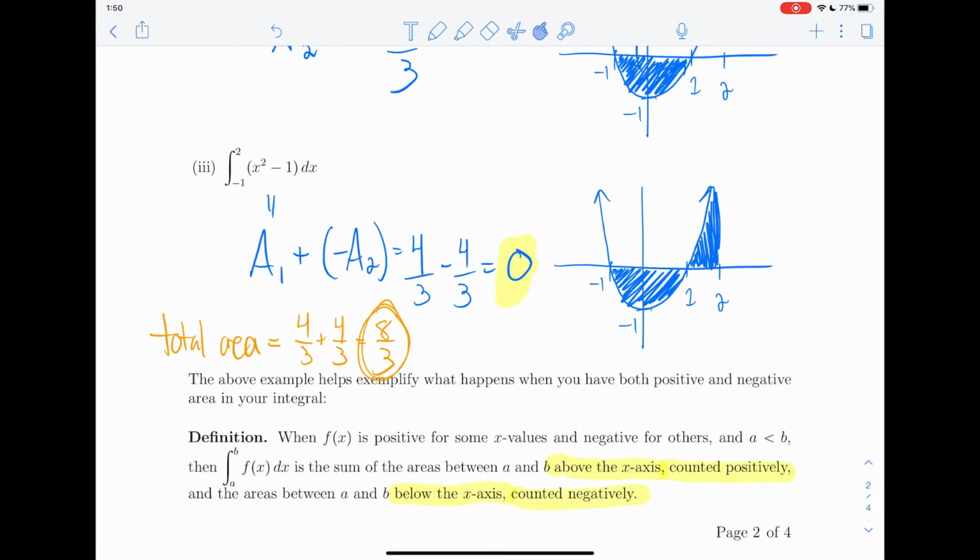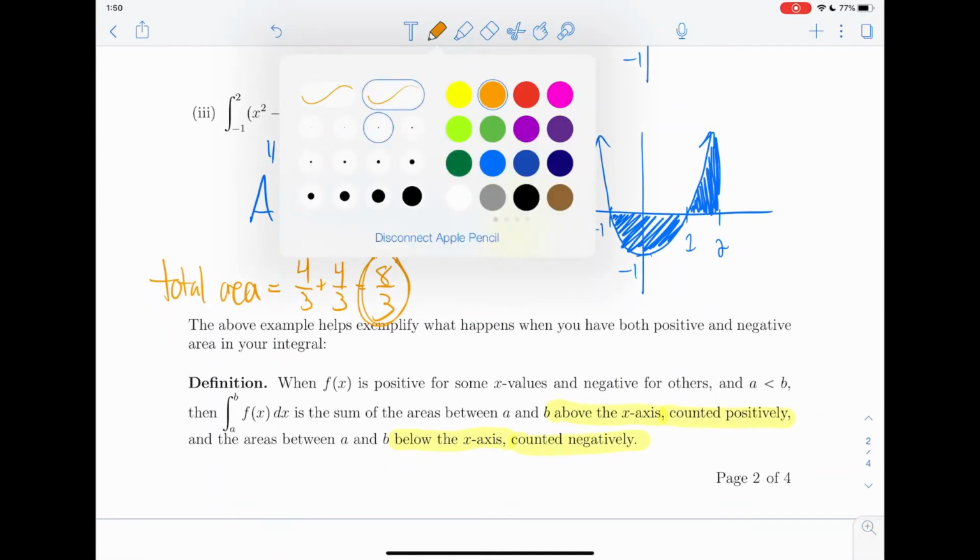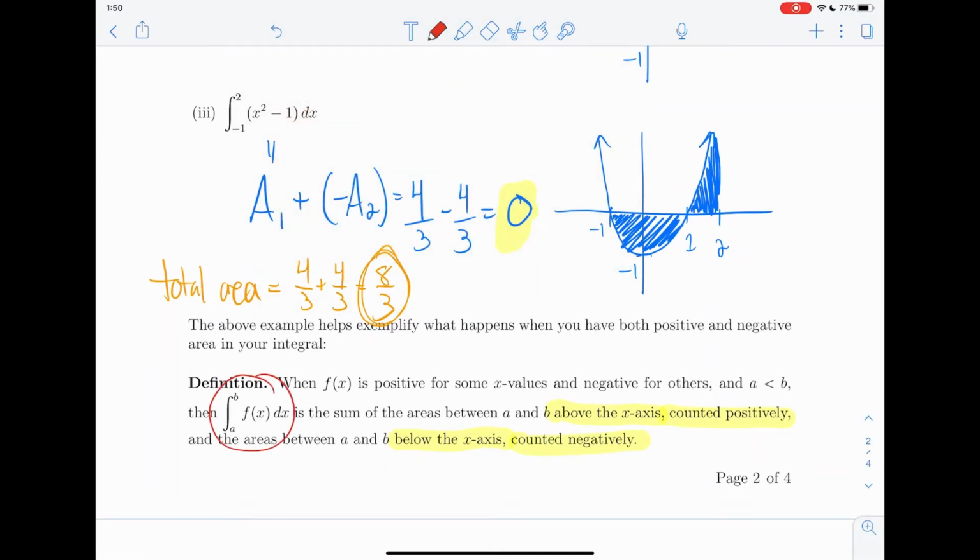This is just a fancy math way of saying that this integral is measuring total signed area. That's the key. It's signed area.